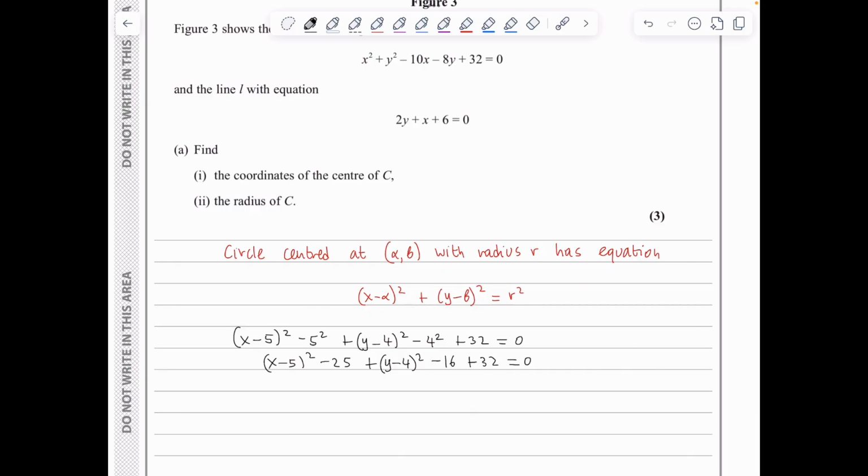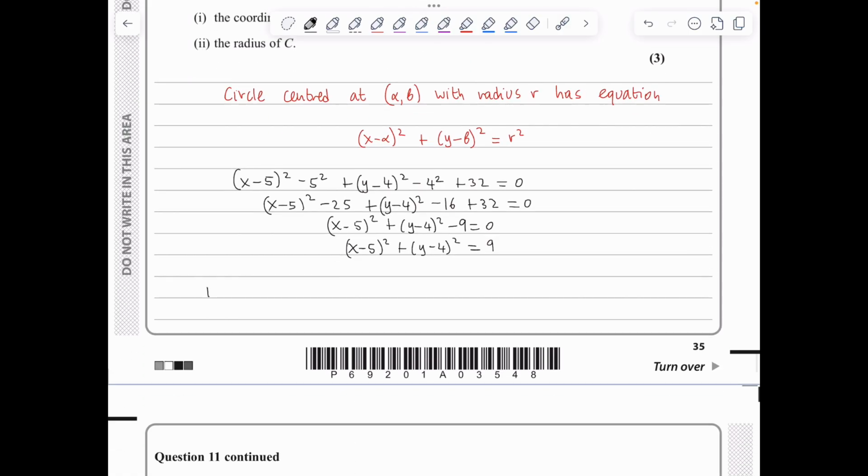And we've got (x minus 5) squared plus (y minus 4) squared minus 9 is equal to 0, which leads to (x minus 5) squared plus (y minus 4) squared is equal to 9. I can therefore see that the center has coordinates 5, 4, and the radius is going to be the square root of 9, so it's going to be 3.